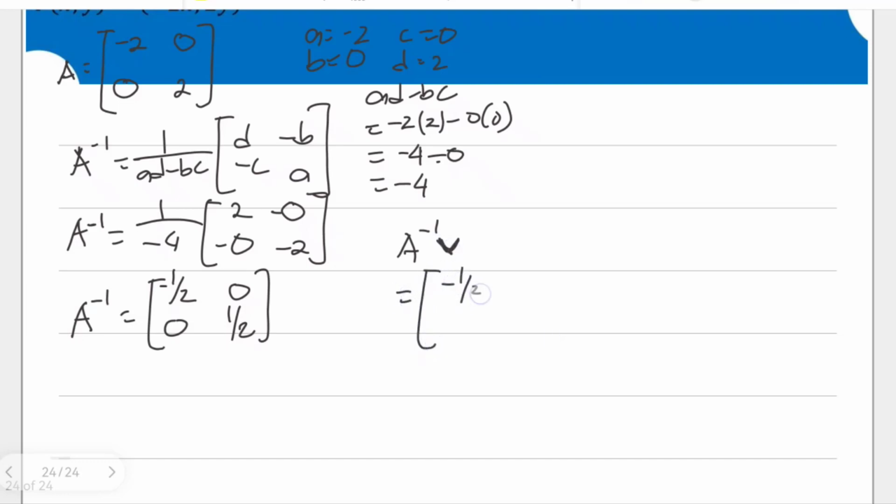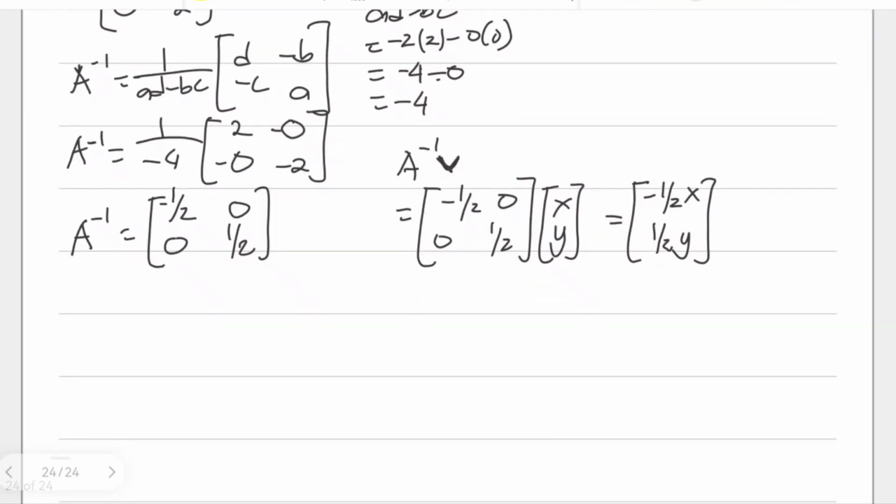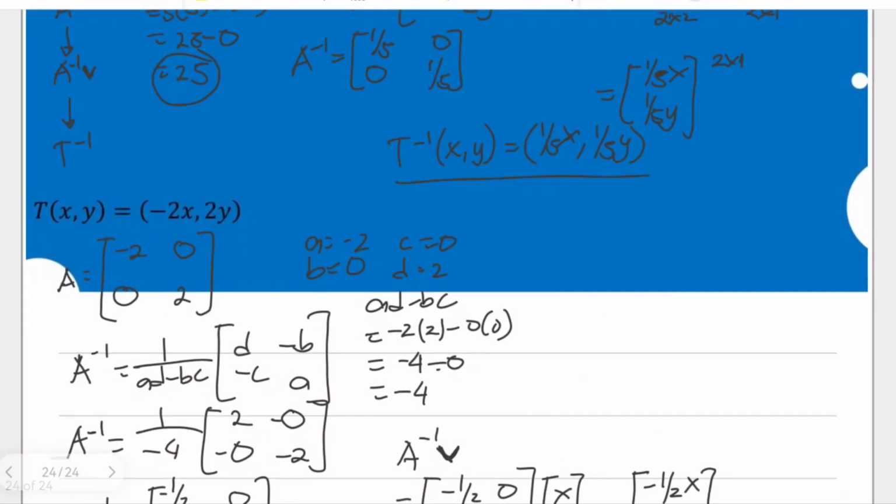Negative 1 half, 0, 0, 1 half times x and y. Having the form negative 1 half of x plus 0y, so it's just negative 1 half x, 0x, and then positive 1 half of y. So the inverse of a linear transformation T is equal to negative 1 half x and positive 1 half of y. It's invertible, and this is the inverse of the said transformation. We have this in our second answer here.